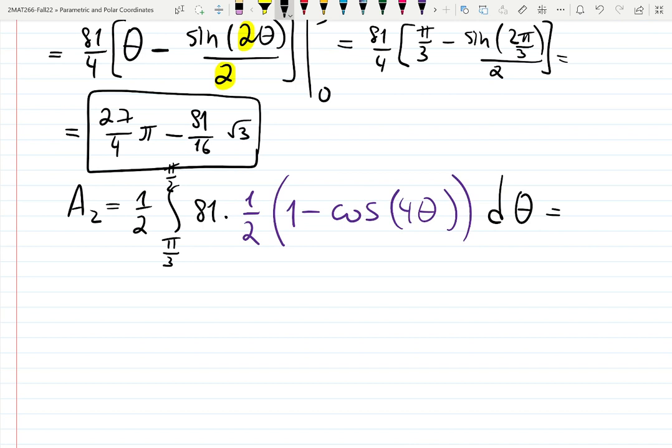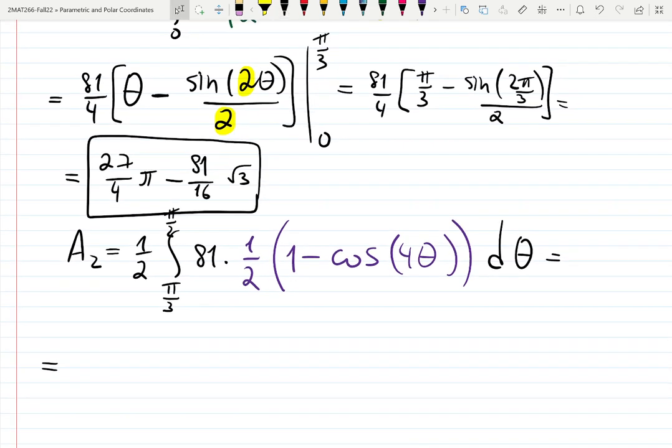Integrating that, exactly the same idea. So maybe I should just give you the answer, because there's nothing new here. Integral of cosine is still sine, just divided by 4 in this case, not by 2. Oh, so I think that's what I copied wrong. No, everything is correct.